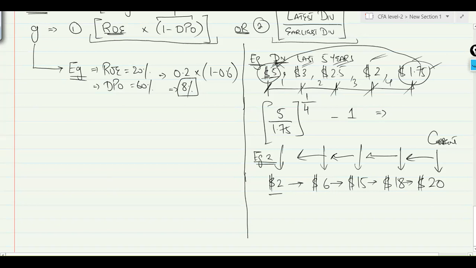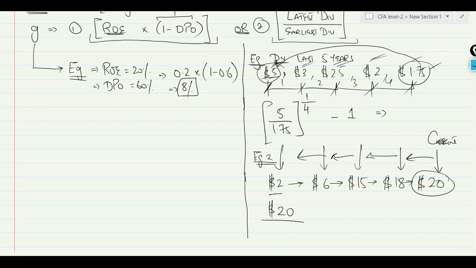Now I want your full attention, please. Whenever we are looking for the latest and earliest dividend, the latest dividend is obviously 20. I'll use that as it is. But for the earliest dividend, I have to take the dividend at which the growth became sustainable, because what type of growth am I calculating? Sustainable growth rate.